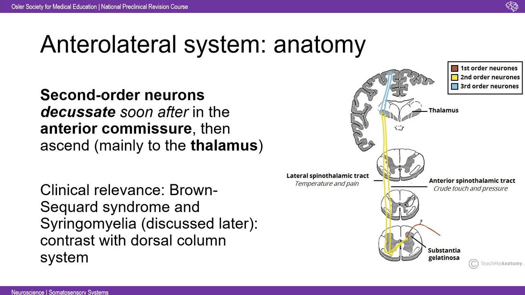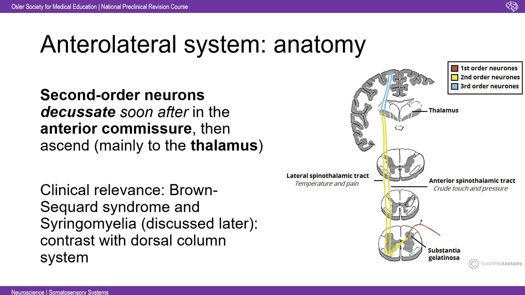The second order neuron here is forming only potentially a few spinal levels higher, but it's still in the spine. And then it immediately decussates, which means for the vast majority of your spinal cord, the anterolateral system represents information from the contralateral body having decussated. This decussation occurs in the anterior commissure, which has clinical relevance in something called syringomyelia, which we'll discuss later alongside another classical picture of a spinal cord lesion called Brown-Séquard syndrome.